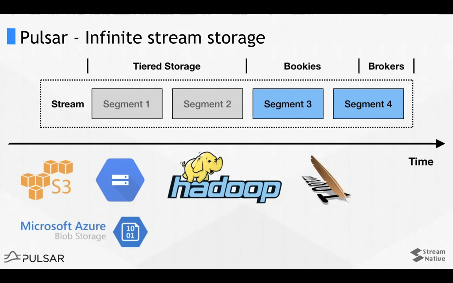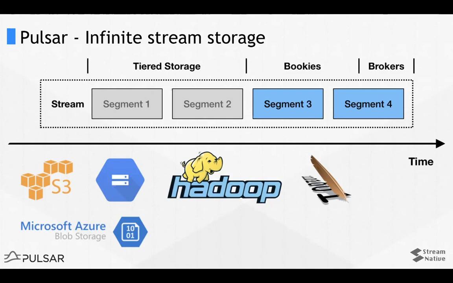So in, I think, version 2.2, we introduced a concept called tiered storage. What does tiered storage mean? When you keep appending data into streams, new segments are generated for the new data, but the old segments become older. Those old segments can be offloaded into tiered storage.